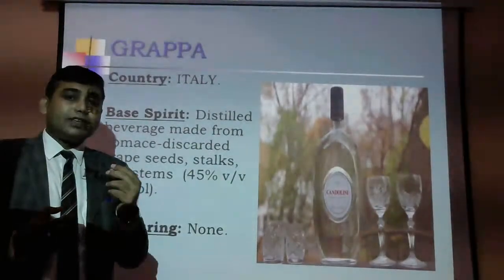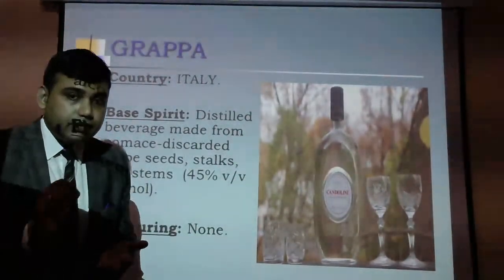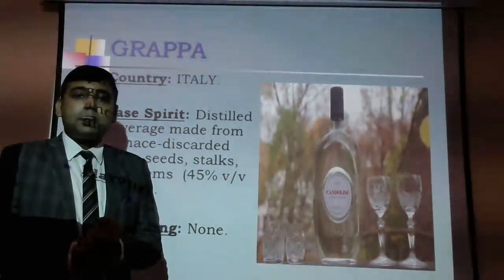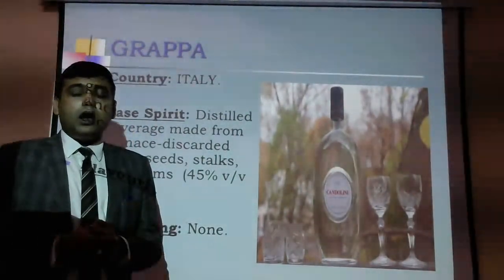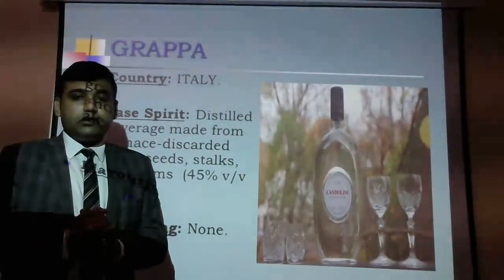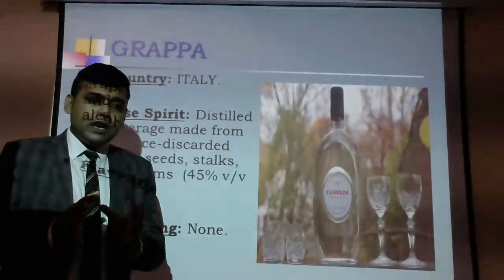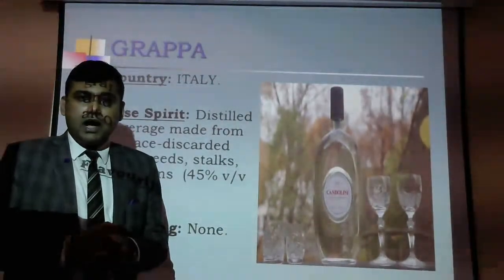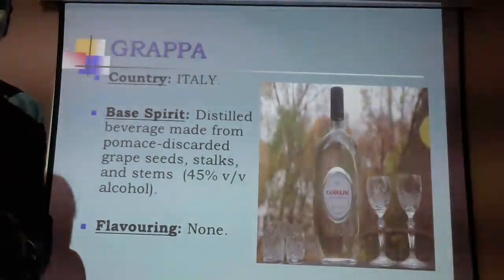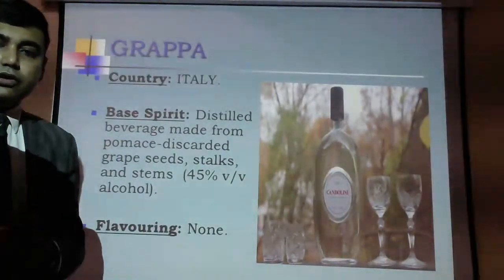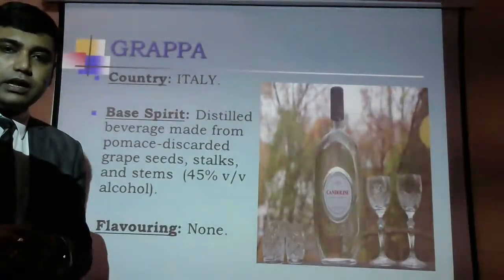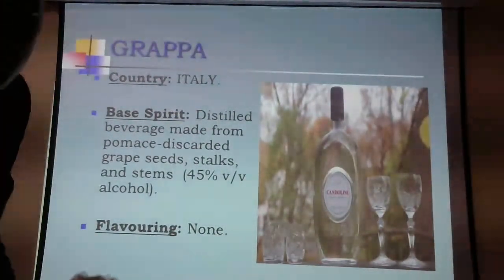They are made from the skin, stems and seeds of the grape, or we can say any other fruits, and grappa is very low in price. In Italy, it is locally consumed. The best way to have it is in tulip glasses. They pour 60 ml in the glass and consume it after the meal or before the meal.